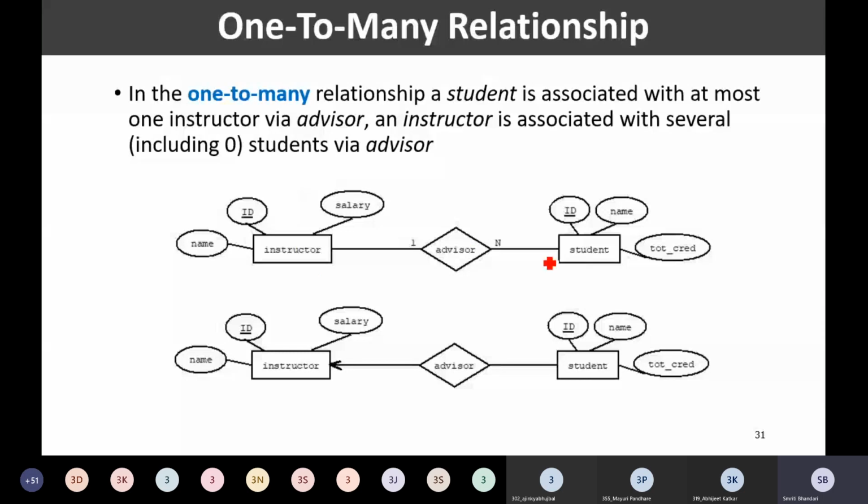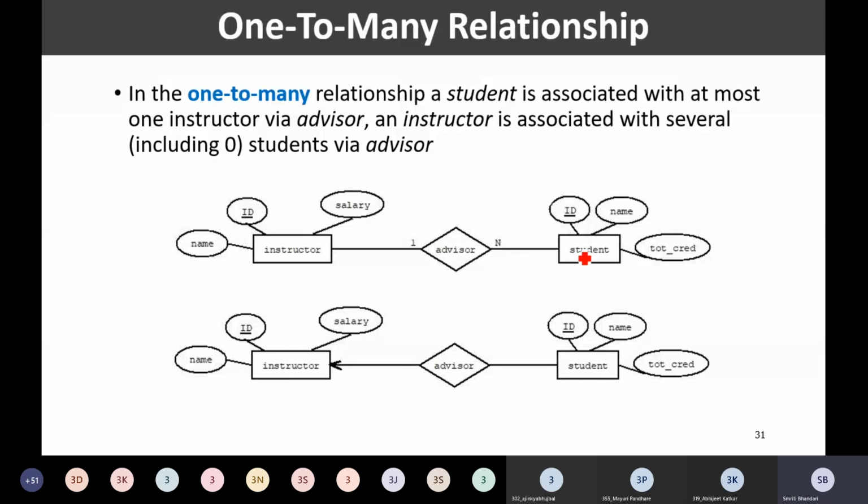Here the one to many relationship is from instructor to student. So what does this mean? This means that a student is associated with at most one instructor via this relationship set advisor, and an instructor is associated with several students including 0.